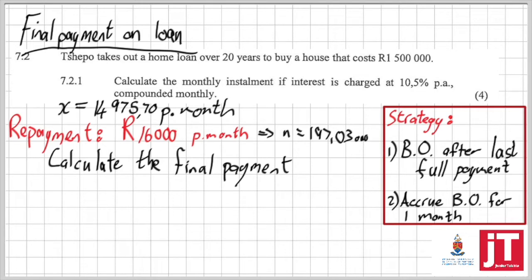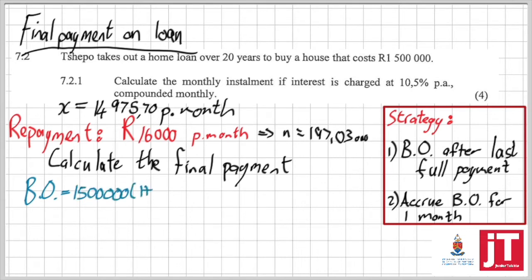Number one, let's get the balance outstanding after the last full payment. Now the balance outstanding, I'm going to use the accumulated value minus the full value of the payments.